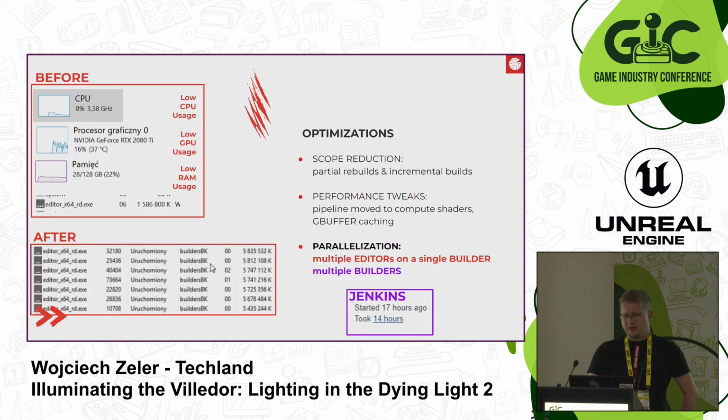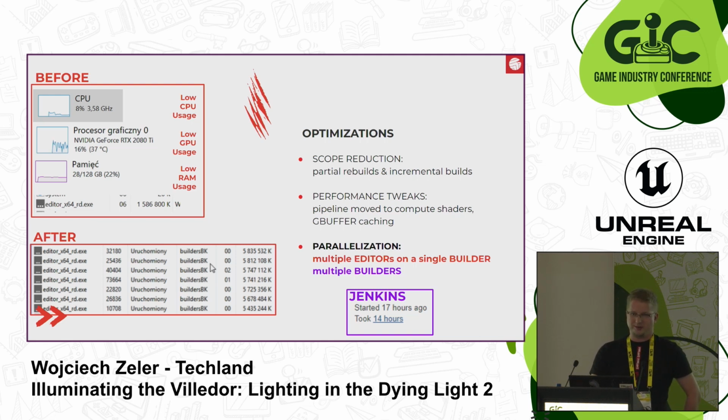Our next observation was that our builders are too powerful for our code. Total usage of CPU and GPU was very low, maybe 10 up to 15%. And the idea was pretty simple. Let's start multiple instances of our editor, so each of them can process another part of the map in parallel.